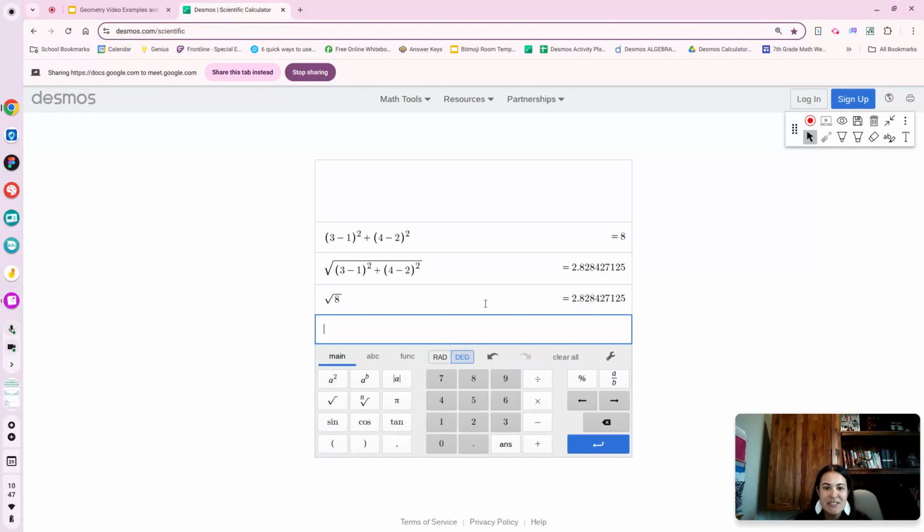Real long. So most likely, if it's something like that where you would have to round, we would leave it as a square root. So just leaving it square root 8, you don't have to go to the calculator to figure out what that decimal is and round it. We could just leave it exact, which is leave it as a square root. But I'm just checking that everything I did was correct, and it was.